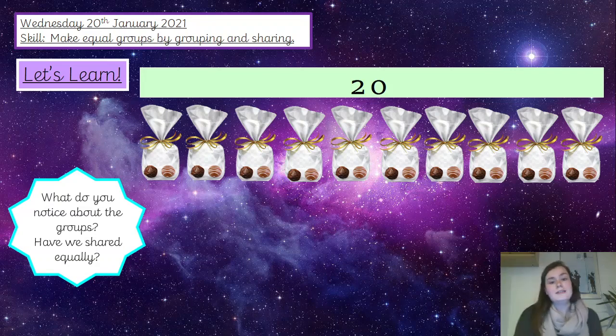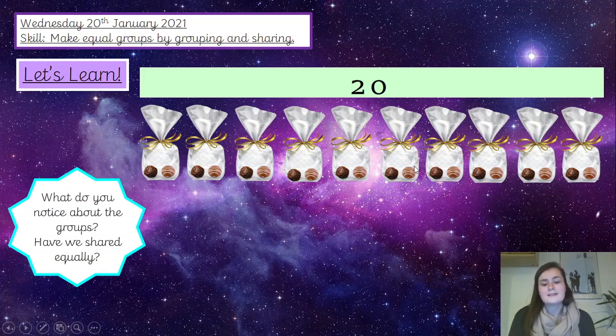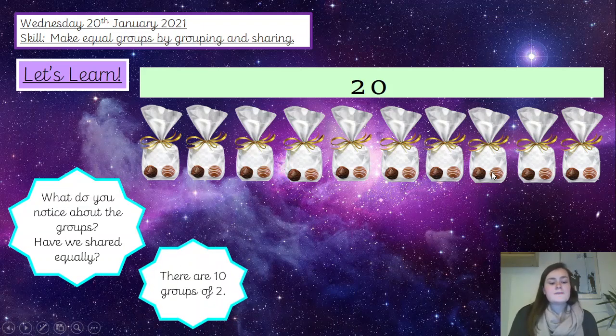So hopefully you've noticed that in each group there are 2 chocolates, and all of them have got exactly the same. They've all got 2. They are equally grouped, they're equally shared. So once we've counted up the answer, we can see that there are 10 groups because we've got 1, 2, 3, 4, 5, 6, 7, 8, 9, 10 bags.